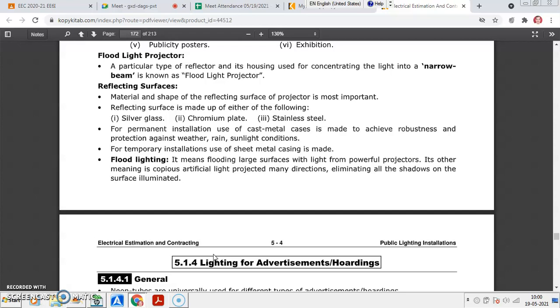So normally, from any direction you see, the reflection of shadow is required to be eliminated, and the illuminated portion or projected portion must be highlighted to the person who is seeing that. So that is the main aim of flood lighting.